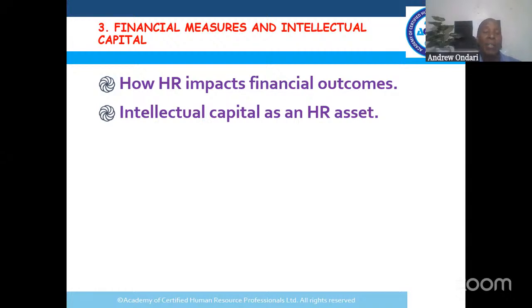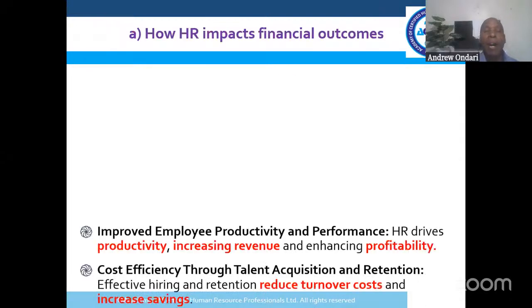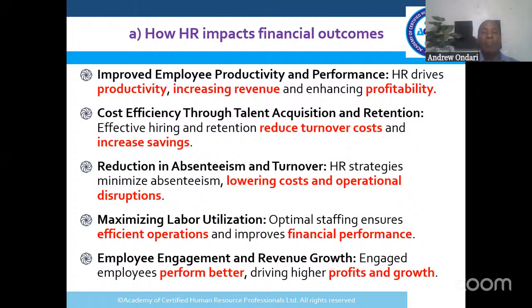And when you say that something is an asset, like we say HR is the most important asset, it means that they bring value. So what value do we gain from the intellectual capital that we have in our organizations? Let me start with the first one, the impact on financial outcomes. How does HR impact the financial outcome?